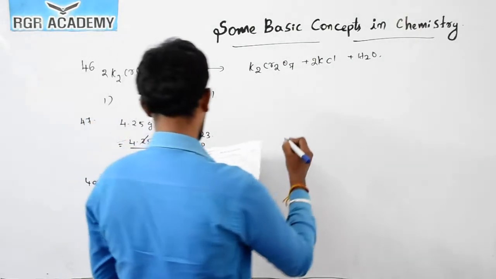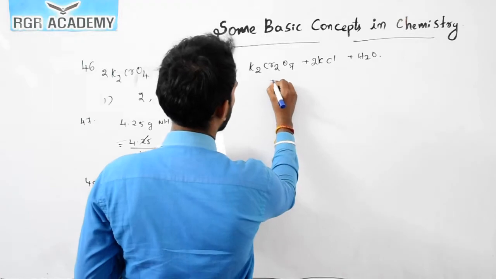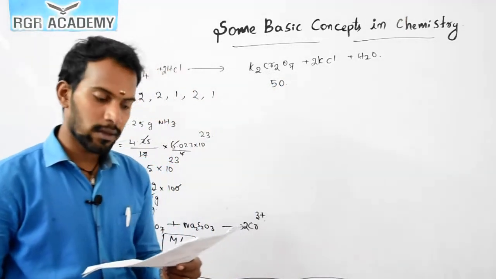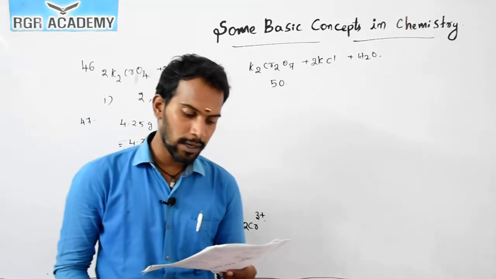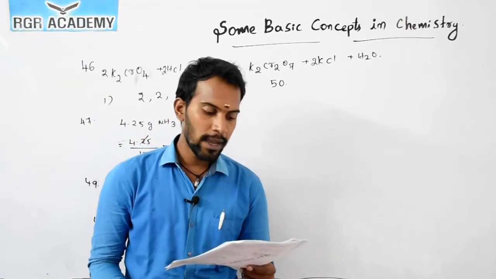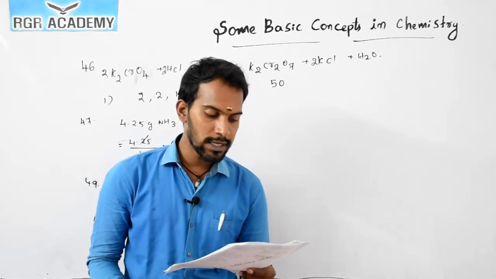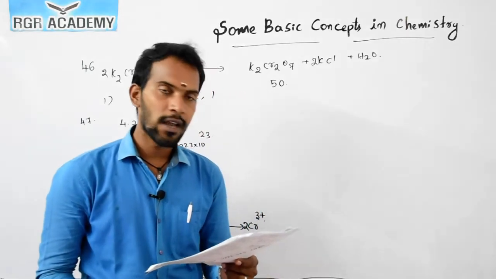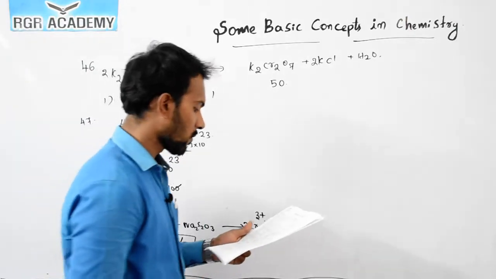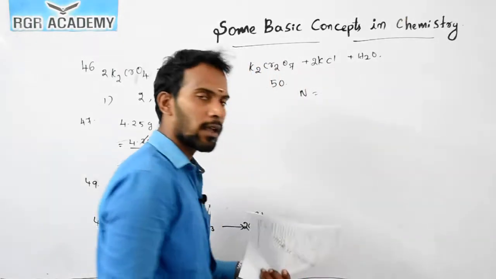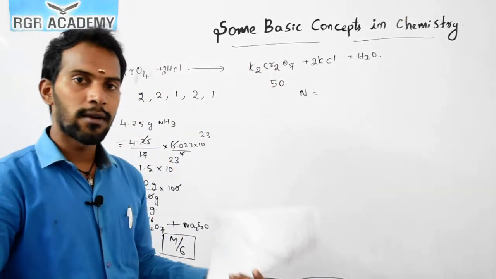Now the question number 50. So the solution of sulfuric acid contains 80% by weight of H2SO4. Specific gravity of the solution is 1.71. Its normality is asked. We have a relation between the specific gravity and normality. Okay.